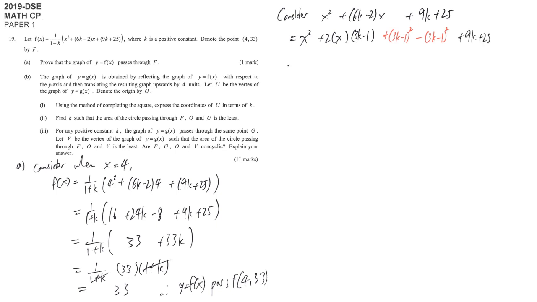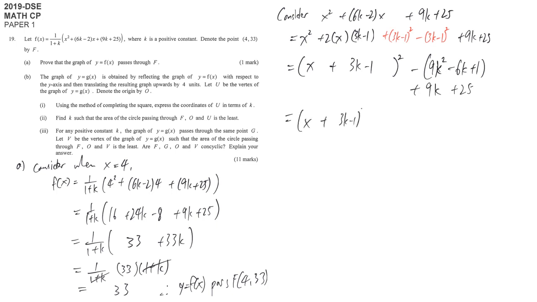And then the first 3 terms will become something squared, which is the first item plus the second item, (x plus 3k minus 1) squared. And then on the right-hand side, just handle this, open the bracket, and then plus 9k plus 25. So this is (x plus 3k minus 1) squared, and then minus 9k squared, plus 9 plus 6, so plus 15k, plus 24.